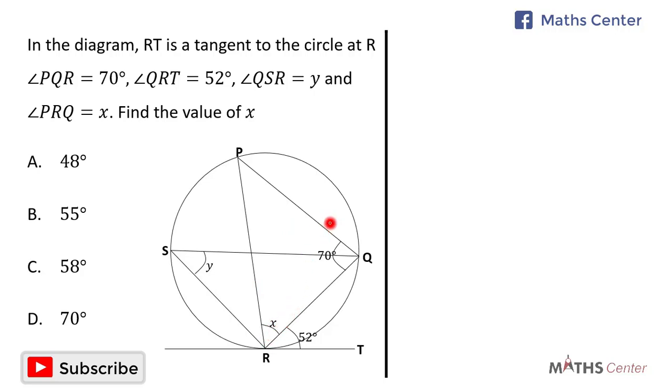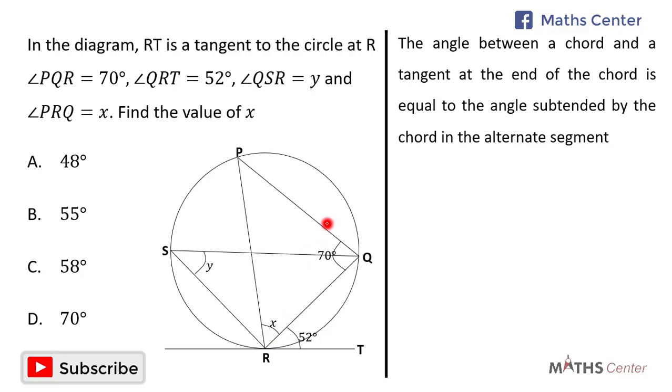One of the theorems of a circle is that in a circle, the angle between a chord and a tangent at the end of the chord is equal to the angle subtended by the chord in the alternate segment. On this diagram here, we have the tangent RT and the chord RQ.